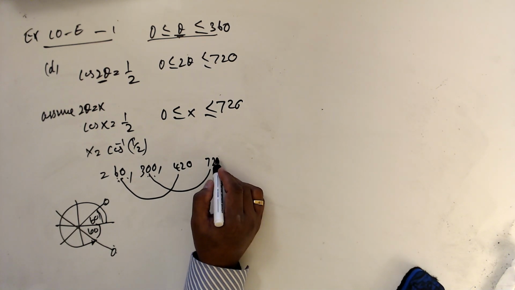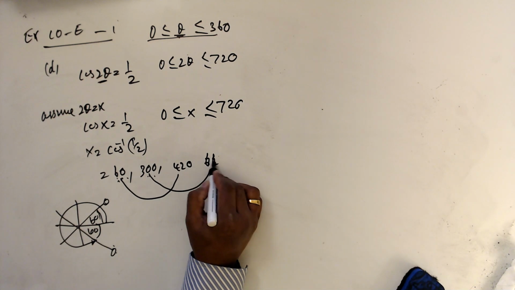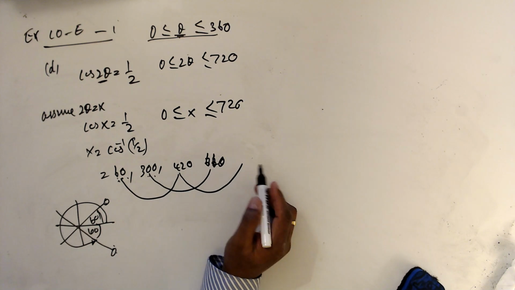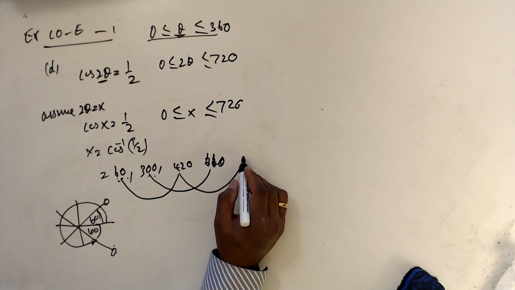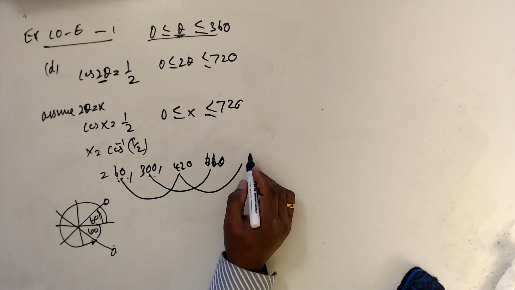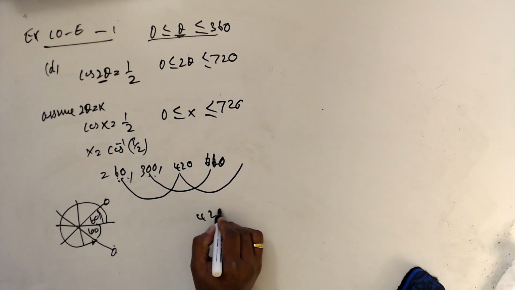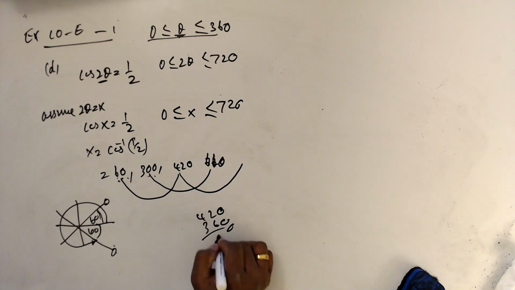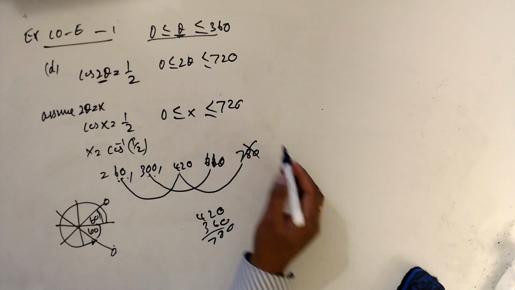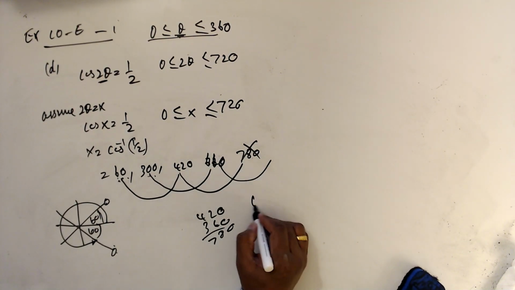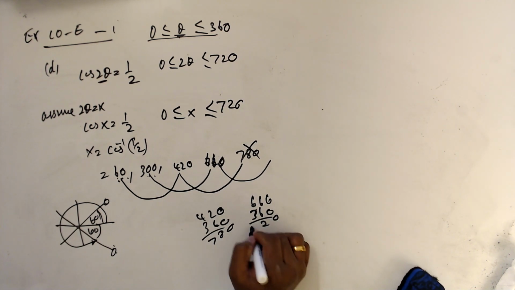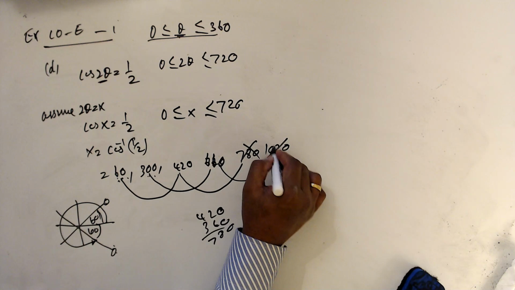Then 420 plus 360, 780, we don't need it because it's more than 720. And 660 plus 360, 1020, we don't need it.